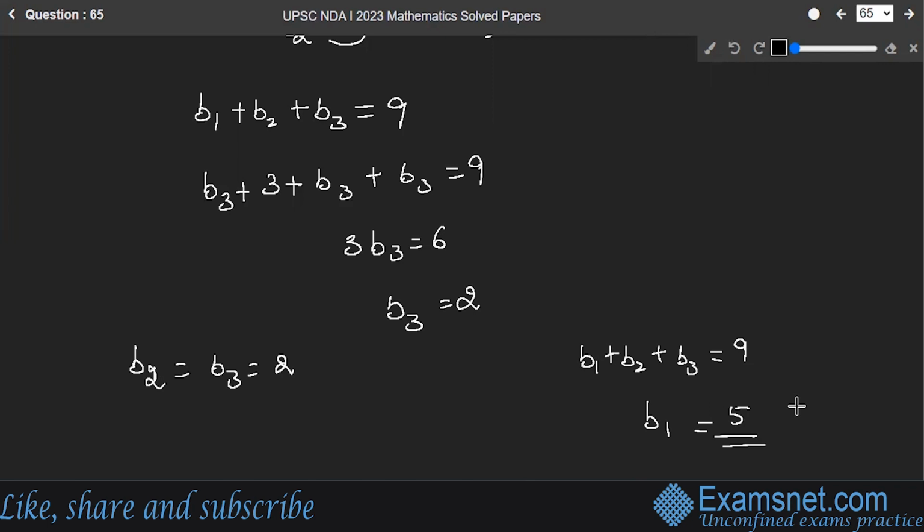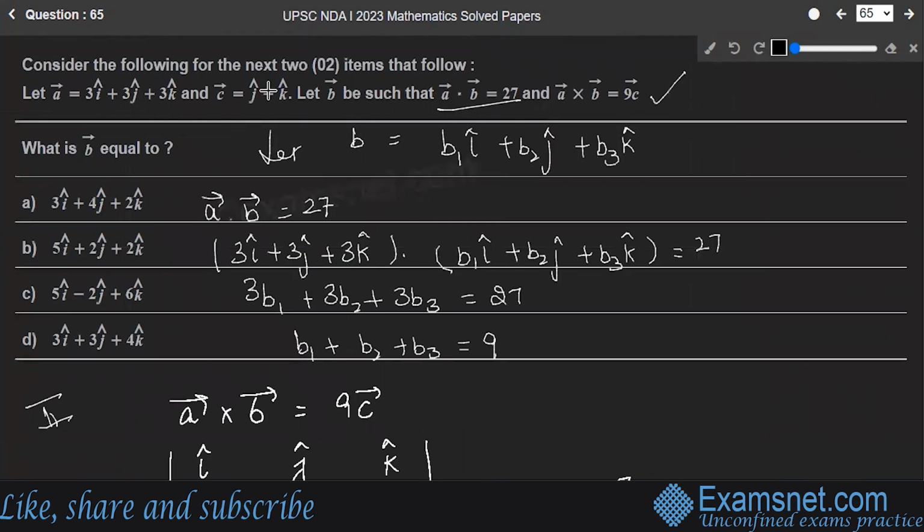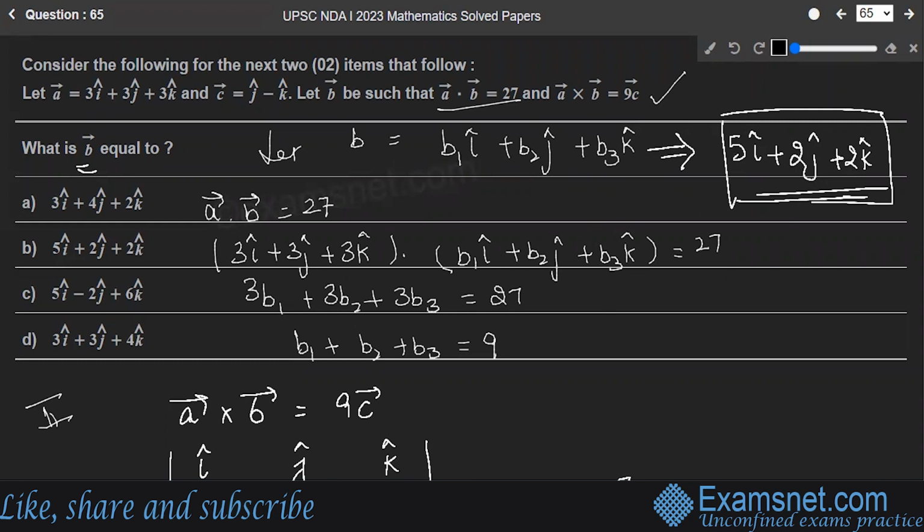B1 is 5, B2 and B3 both are 2. That means the vector B will be 5i plus 2j plus 2k. This is the answer to our question. Let's check with the options: 5i plus 2j plus 2k. We have option B as the correct answer.